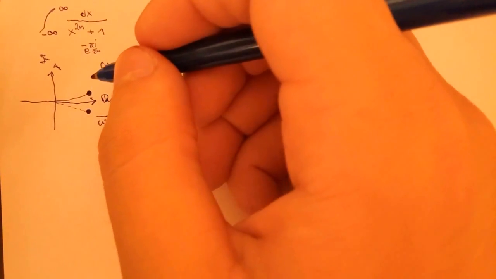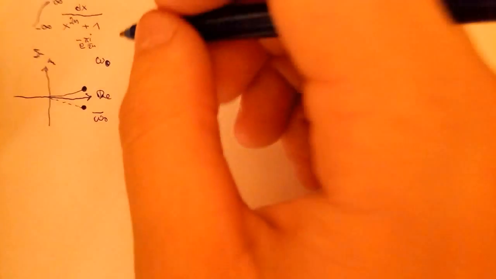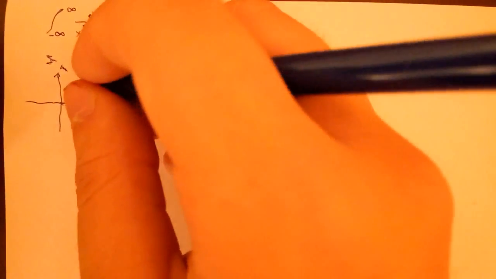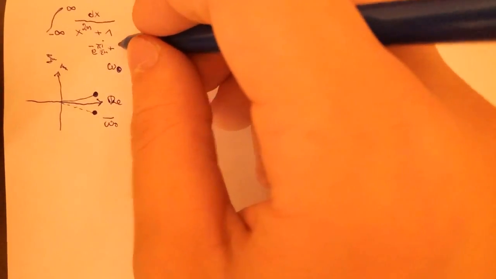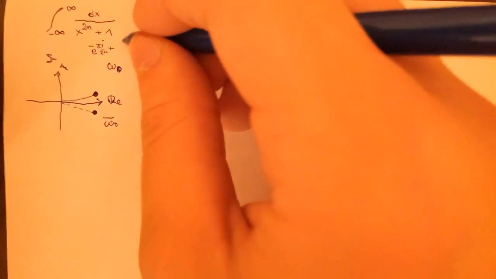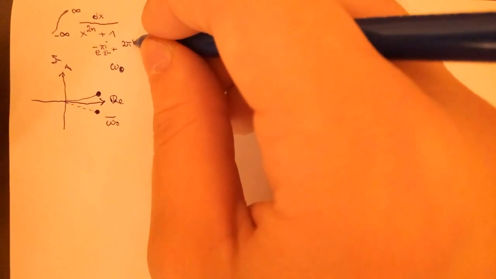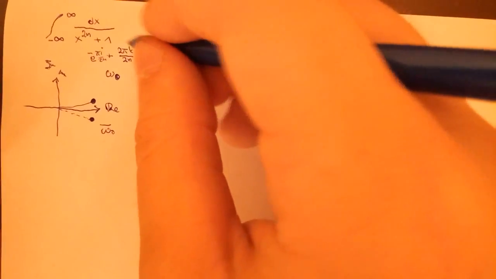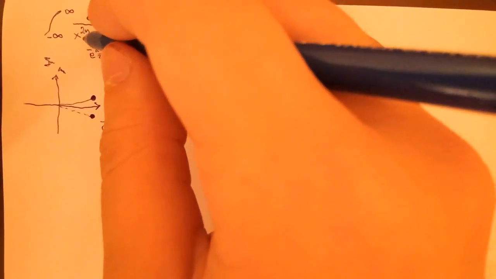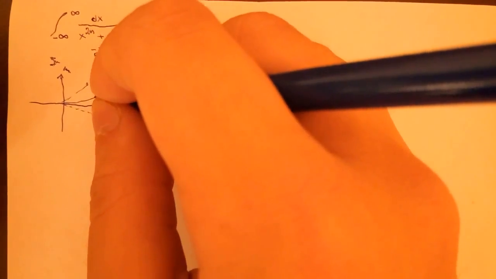So the key standpoint here is to proceed further. The next solutions, there are many solutions: multiples of 2 pi k divided by 2n, and these form all the roots of this polynomial.